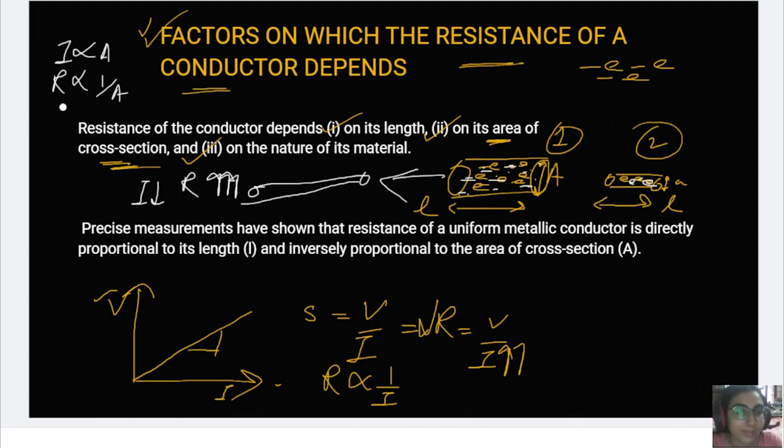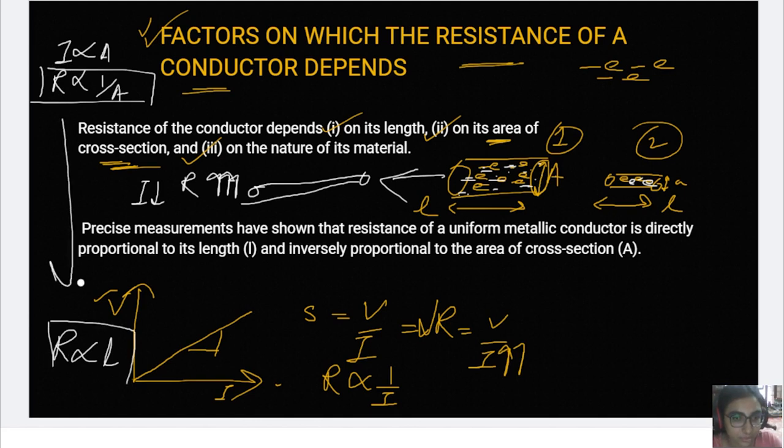So at the same time we got another relation, and that is that R is directly proportional to L. More the length of the wire, more will be the resistance, and lesser current will flow through it per unit time. Okay, so R is inversely proportional to A, R is directly proportional to L. We combine these two, what do we get? R is directly proportional to L by A. We formulate this into an equation, R equals rho L by A.